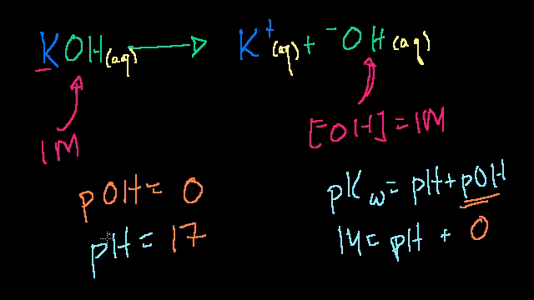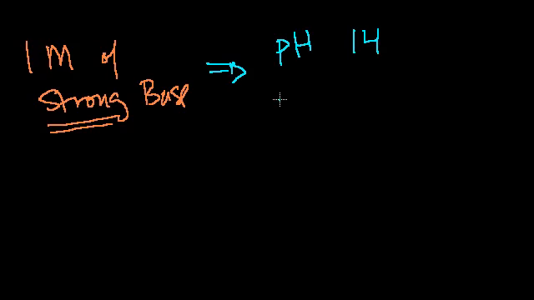So if you have 1 molar of, I used potassium hydroxide in this case, but if you have 1 molar of a strong base, let me write that down, 1 molar of strong base. Remember, strong is kind of an official term in chemistry. It means complete dissociation. You have a pH of 14, and you have a pOH of 0.